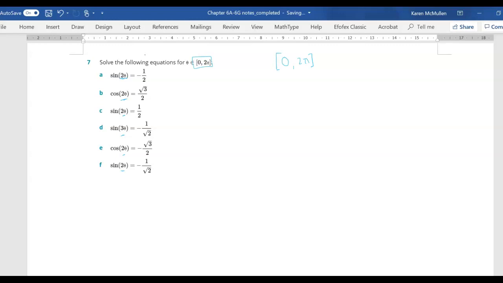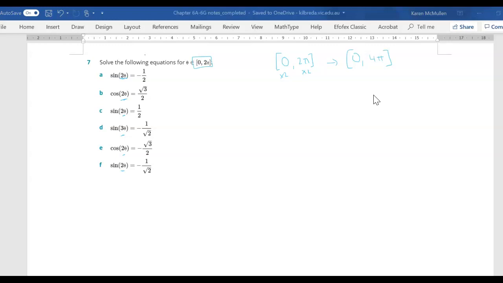Now, whatever your coefficient of theta or x is, we multiply our domain by. So we're going to multiply this by 2. So instead of going from 0 to 2 pi, our domain doesn't change, but when we're finding our solutions, we're going from 0 to 4 pi. Okay, so we can find all our solutions.